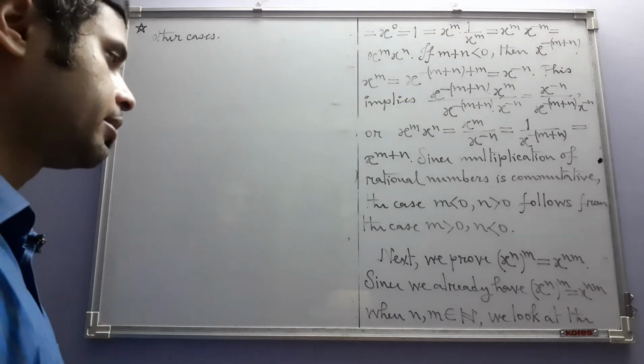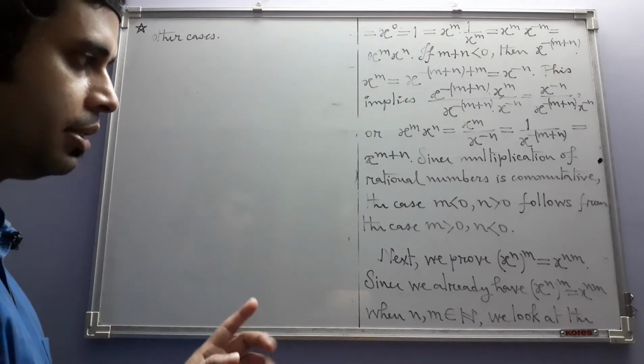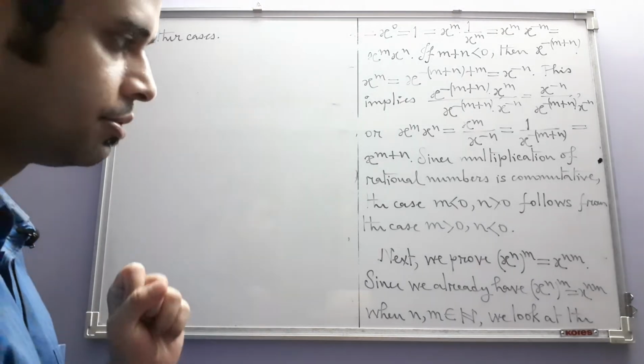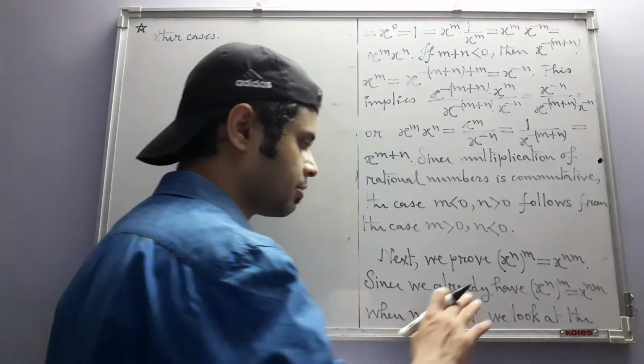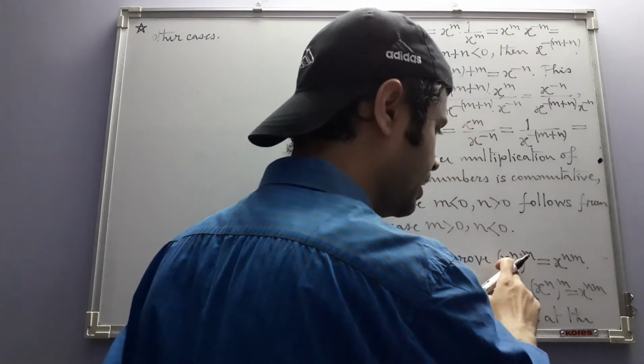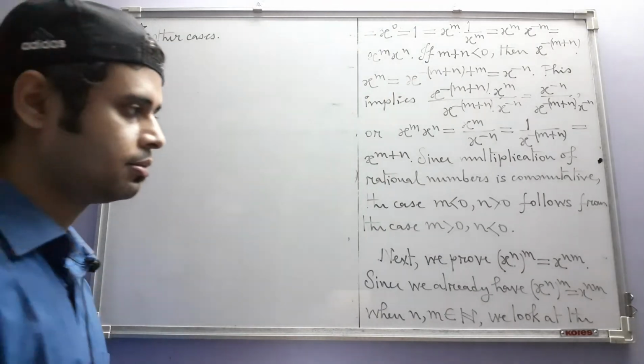Look at the other cases. If one of n and m is 0 and the other is negative, let's look at that. Say n is 0. If n is 0, x to the power n is 1.